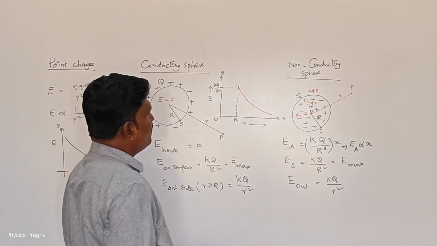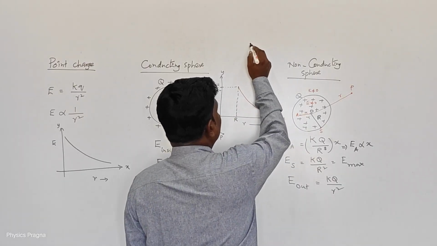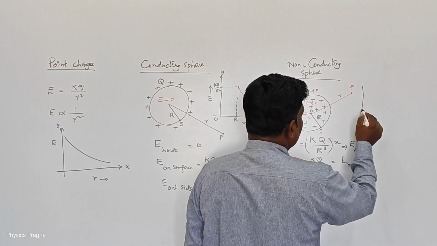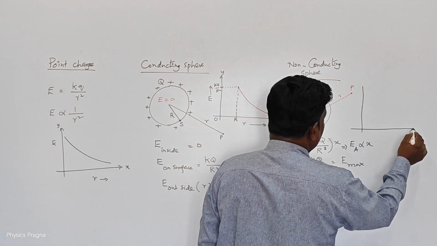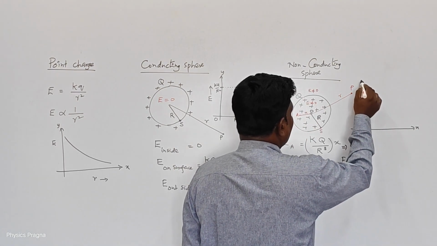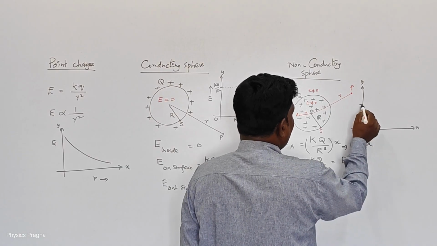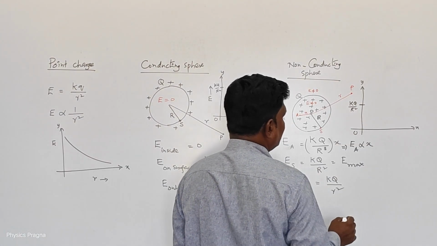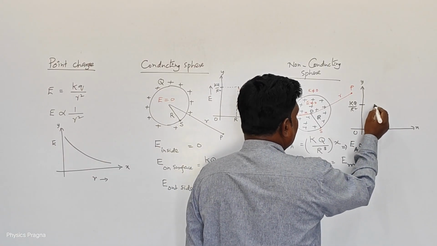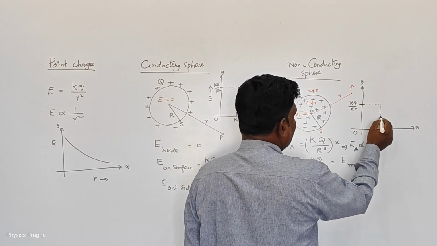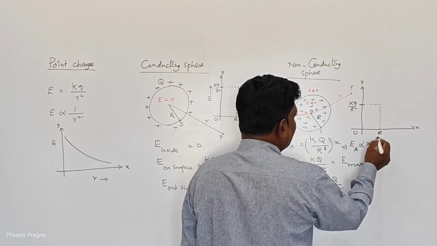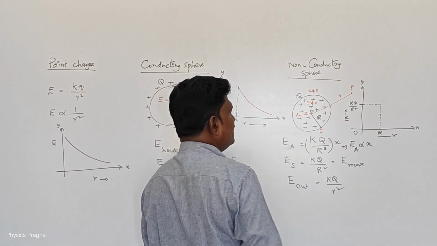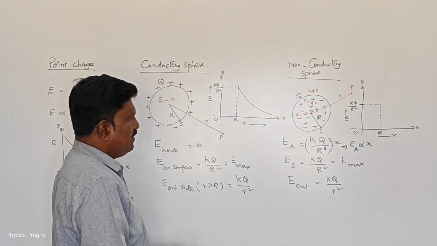So if you draw a graph here for non-conducting, this is the x-axis, this is the y-axis, this is the origin. The maximum value is kq by r square, right? This is capital R. On the x-axis I have taken R values, on the y-axis I have taken electric field, capital E values.